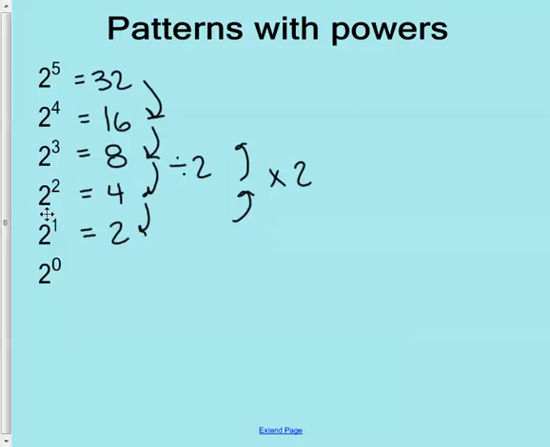So every number to the first power is itself. What does that mean about a 0? Well, if I continue this pattern and I divide 2 by 2, what is 2 divided by 2? The answer is 1. So we can conclude that every number to the power of 1 is itself, and any number to the power of 0 is 1.